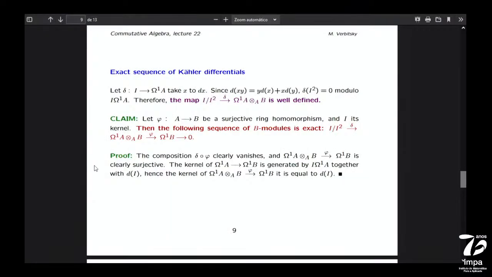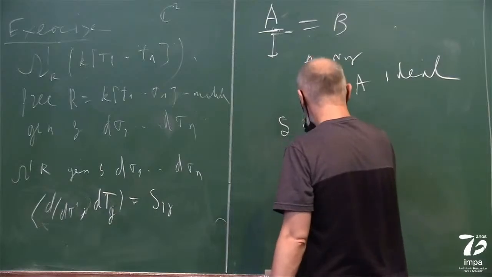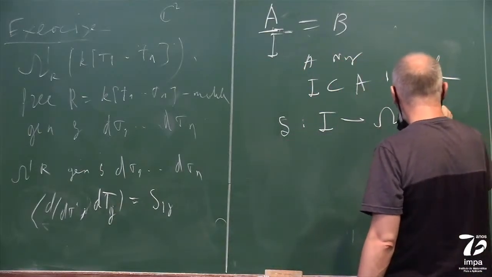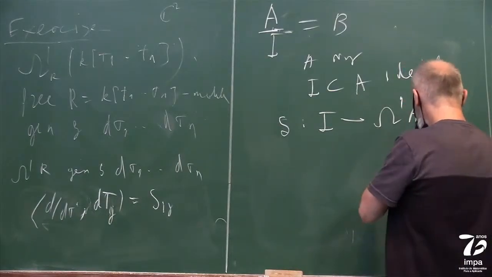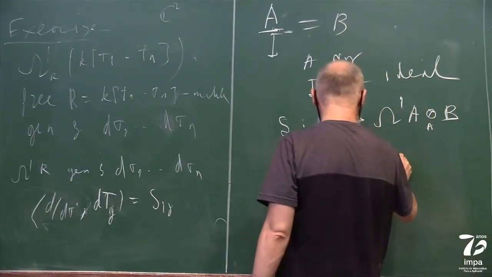You have the following funny map. Delta takes I to omega 1 A tensored over A with B. It takes x to dx.